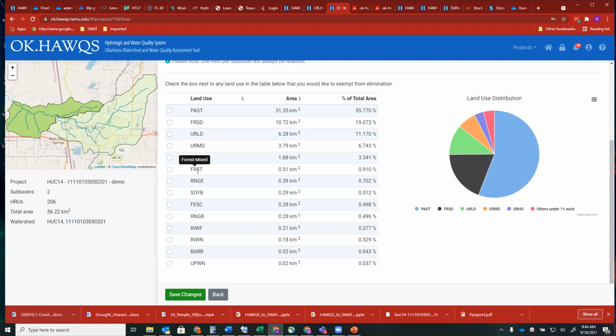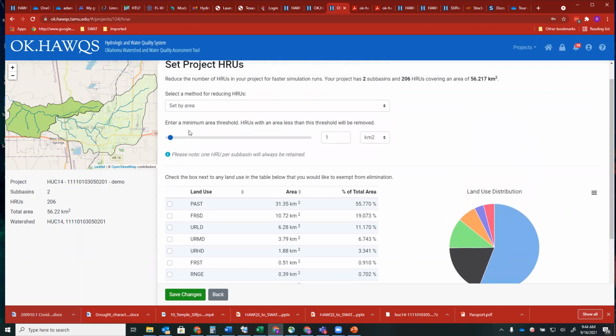So we are able to establish crop rotation, okay? So what crop is grown from year 1 to year 2 to year 3 and so on and so forth. Okay, if you have to protect a particular land use because it is so small, so that you don't want it to be subject to any elimination, what is the minimum area? Because this watershed is 56 square kilometers.